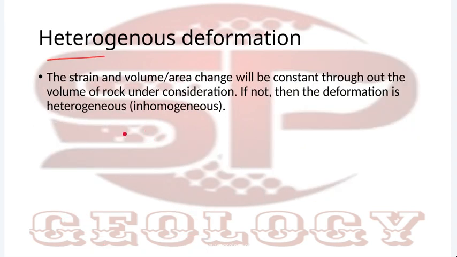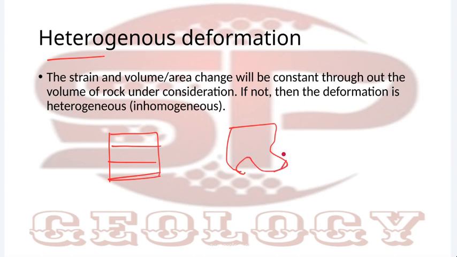So in heterogeneous deformation, if you take a rock body like this, it will deform into an irregular shape. It will deform to a very irregular shape where the lines will bend like this. It will be a heterogeneous deformation where the strain, volume, area all will change.